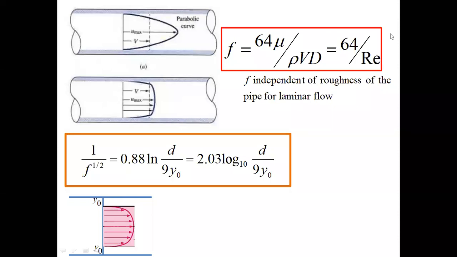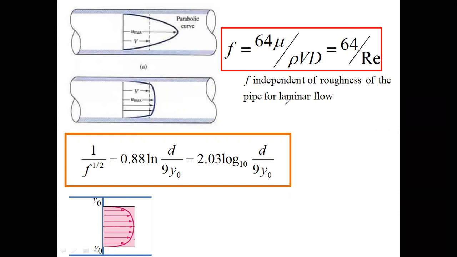Right. If you remember, in laminar flow we had a parabolic velocity profile, and the friction factor f is only 64 divided by Reynolds number.